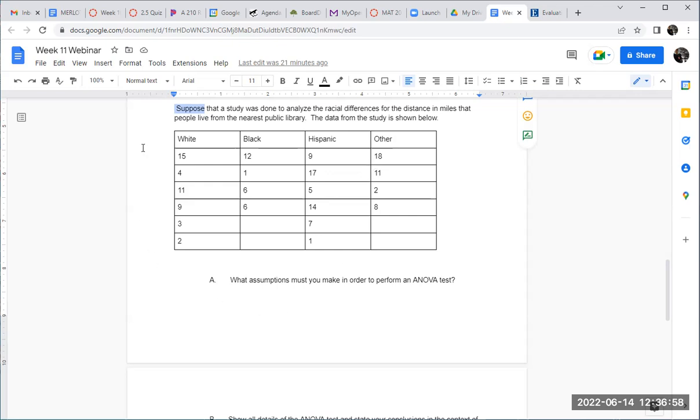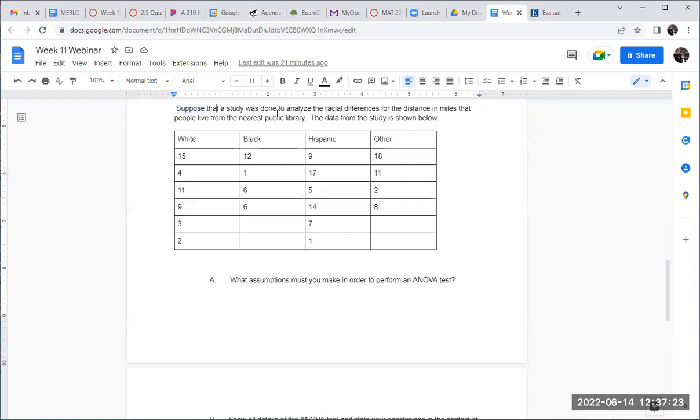Okay, I'll let you know this would not be one that you'd want to do because our sample sizes are way too small, right? Black and other only have a sample size of 4. And hopefully at this point, you all know that a sample size of 4 is not acceptable. But just for going over what ANOVA is about, it works. Okay, even though you never do it in the real world.